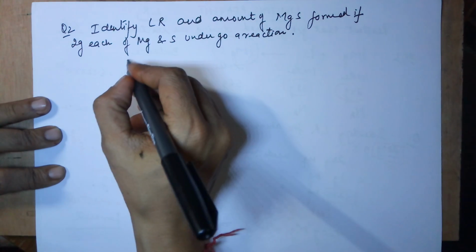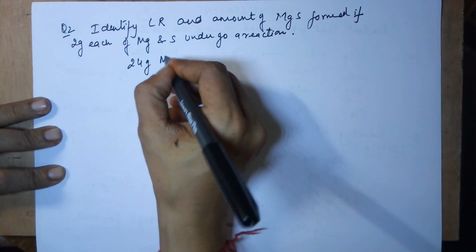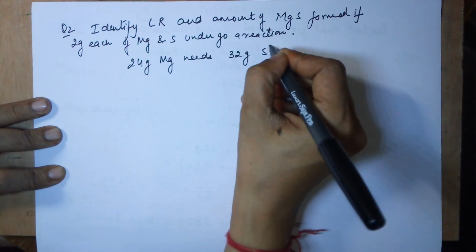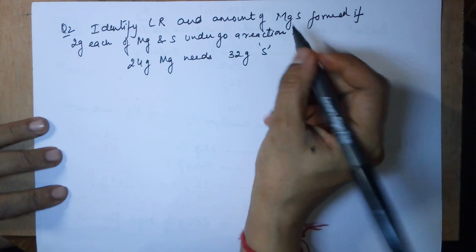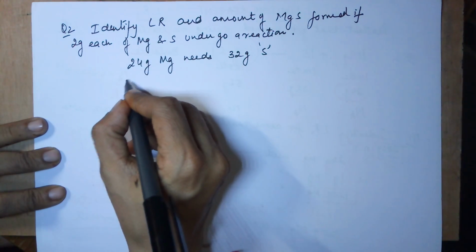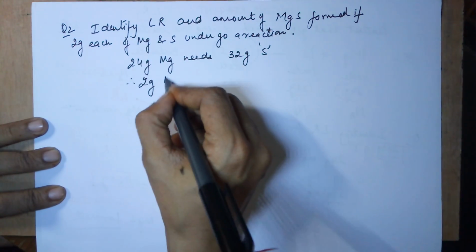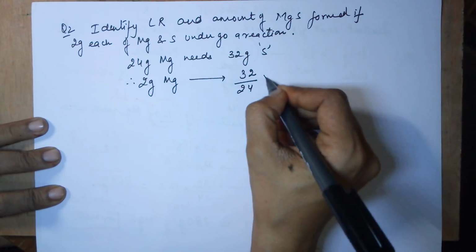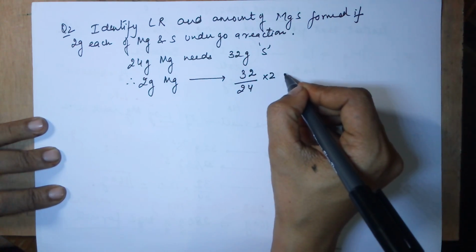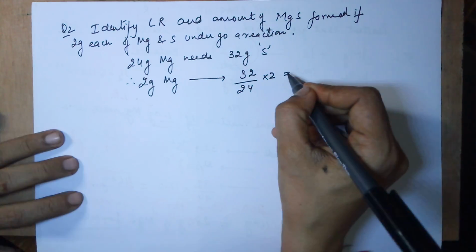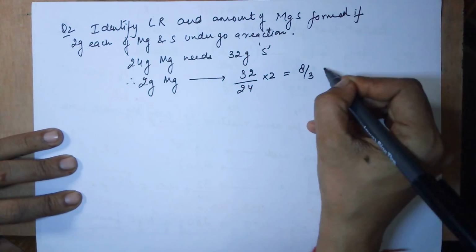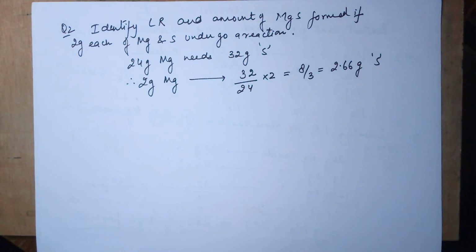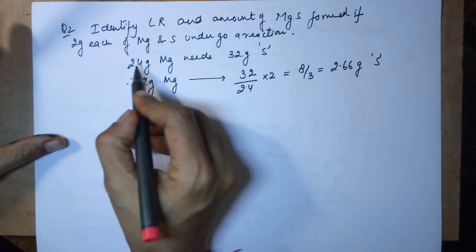We very well know 24 grams magnesium needs 32 grams of sulfur. Therefore, since we have got 2 grams of magnesium, 2 grams magnesium will require 32 divided by 24 into 2 grams of sulfur, which comes out to be 8 by 3, which comes out to be 2.66 grams of sulfur. Now re-refer to the question.